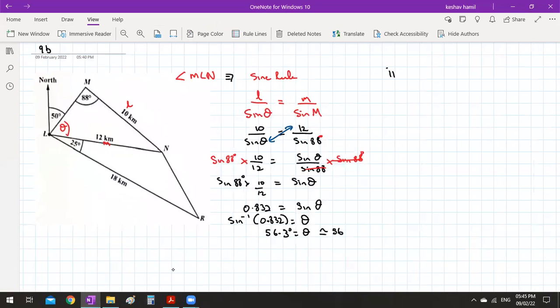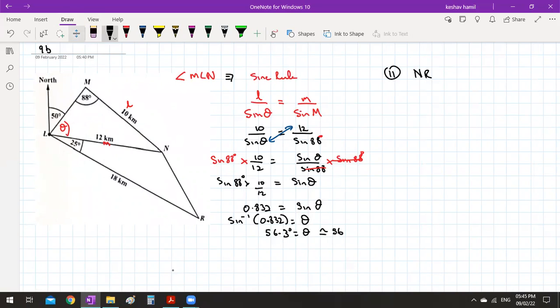So part 2, they want the length of NR. Where's NR? NR is here. So they want this length. Let's call it x for now. Now, in this triangle, let me highlight this triangle, right? We have one angle and two sides, and the opposite side to the angle is what is required. So we could use something called the cosine rule.